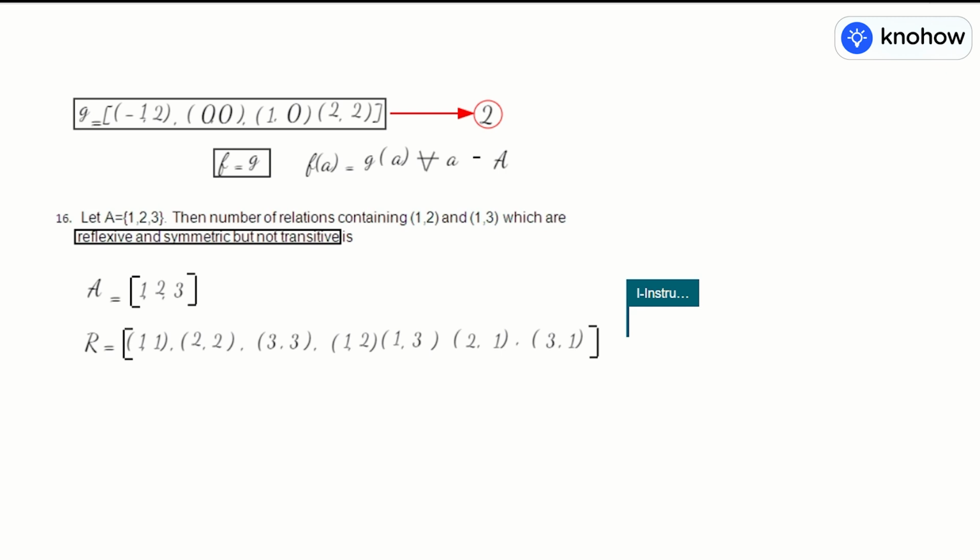But we further have to find out that it should not be transitive. So can I find a pair of elements here?